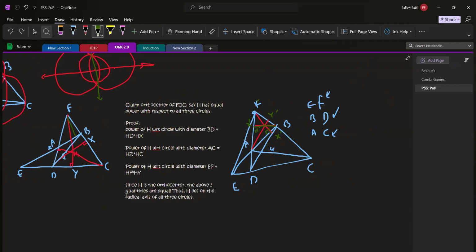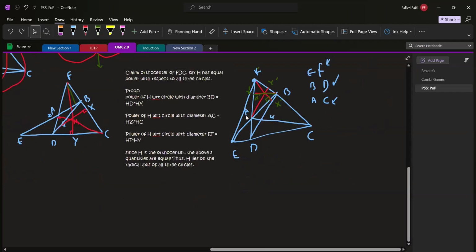So let's write down the very cool facts that we have. This is called the complete quadrilateral concept. So ABCD, we extend all the things possible. We take every pair of points and extend them and consider every intersection. And that's how we get the complete quadrilateral. So AC, BD, and EF are called the three diagonals. The Gauss-Bodenmiller theorem, I'm not sure if I'm pronouncing it right, states that the midpoints of these three are collinear.